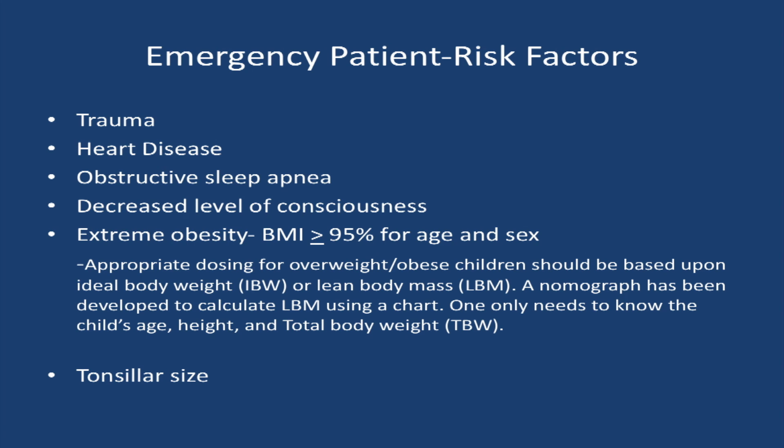A nomogram has been developed that calculates the lean body mass using a chart. One only needs to know the child's age, height, and the total body weight to be able to use this nomogram. It helps to show if the child's BMI is greater than or equal to the 95th percentile for age and sex, and if so, those patients are categorized as obese and not just overweight.